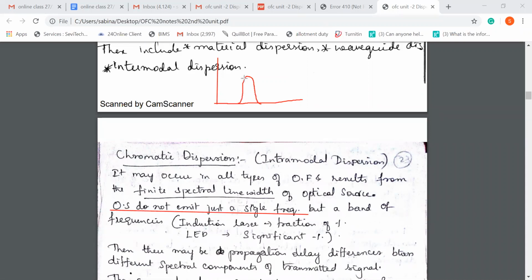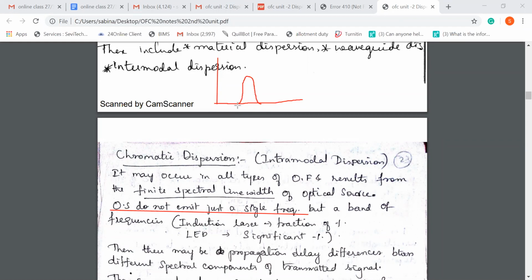This is very, very important. This is the spectral of your input, and you can see there are a minimum frequency and a maximum frequency.